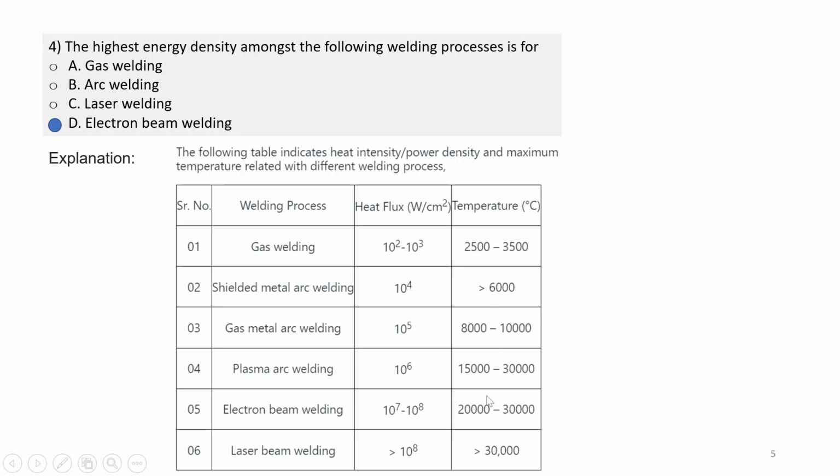in the increasing order almost. So gas welding is up to 2,500 to 3,500 degrees Celsius, and more than 6,000 in case of shielded metal arc welding, from 8,000 to 10,000 in case of gas metal arc welding, and 15,000 to 30,000 in case of plasma arc welding, and 20,000 to 30,000 in case of electron beam welding, and more than 30,000 in case of laser beam welding.